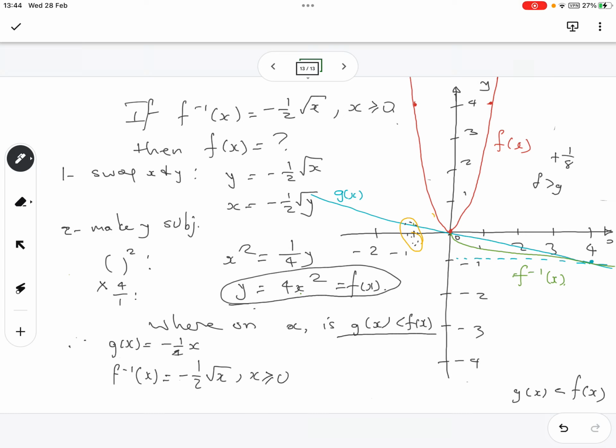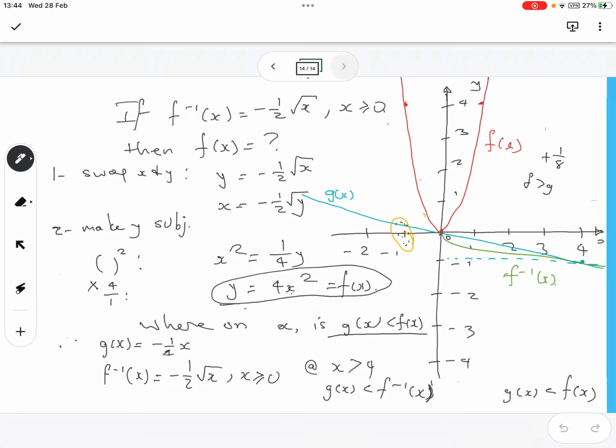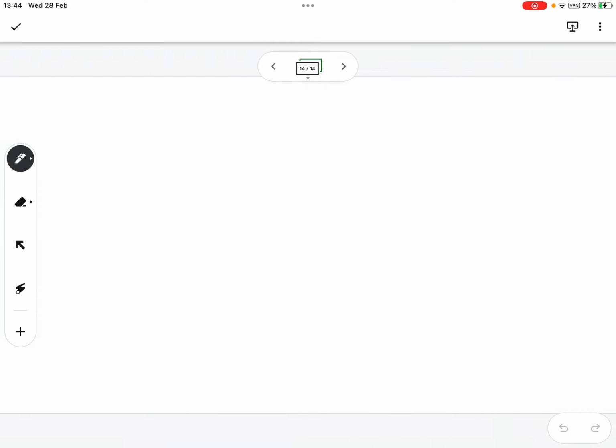And x is greater than or equal to 0. So at x greater than 4, g of x is less than f inverse of x. Then the last one is points of intersection.